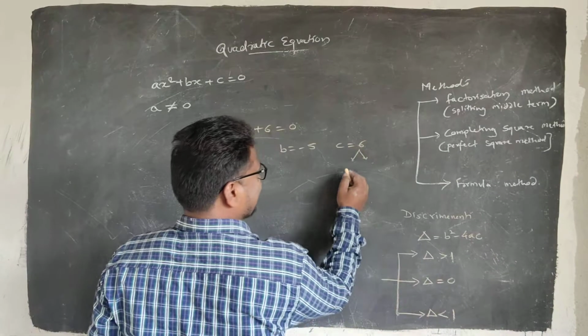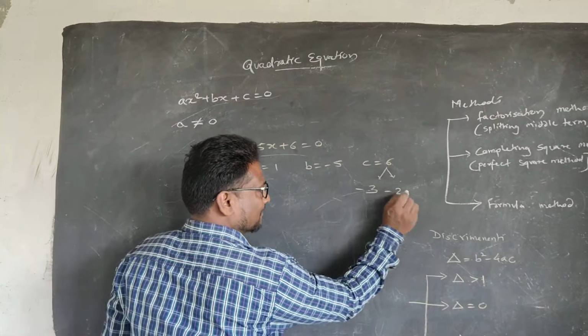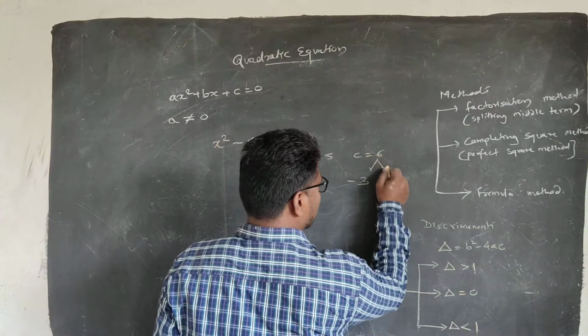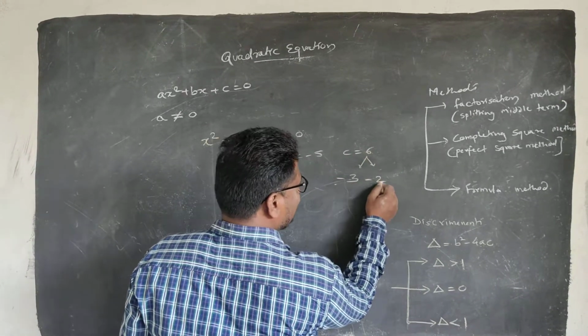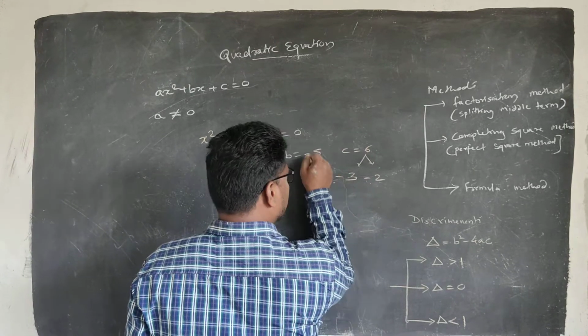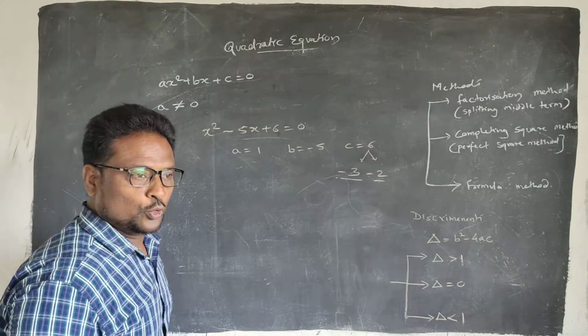Let's see, taking 3 and 2 both negative. Here 3 × 2 is 6, minus into minus will be plus, and 3 + 2 is 5, with the greater number being -3. So splitting with -3 and -2 will give the answer.